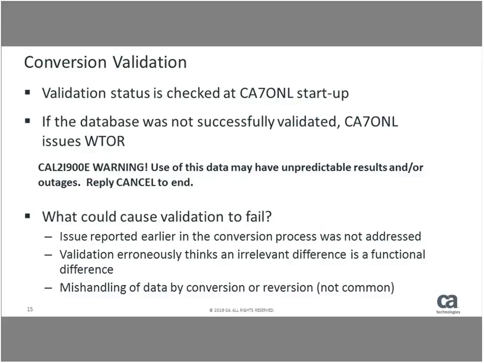I'll give you one example. Early on, when I was first working with the conversion reversion process, we had a case where a date field in like a job record, a packed date field in COBOL, has a sign on it, if you will. An F, as in Fox, or a C as in Charlie, denotes it's a packed field.